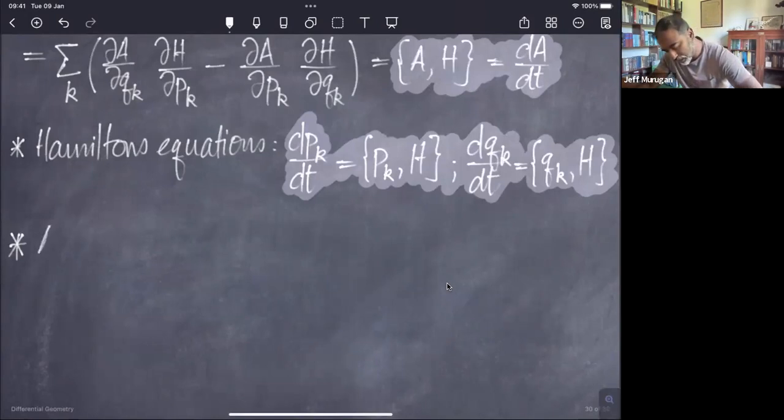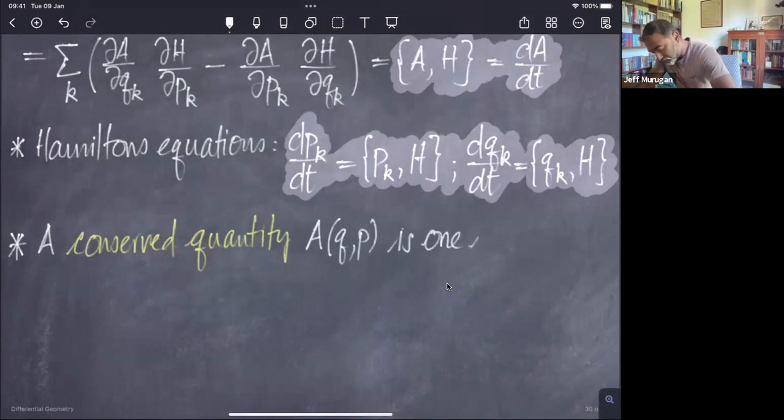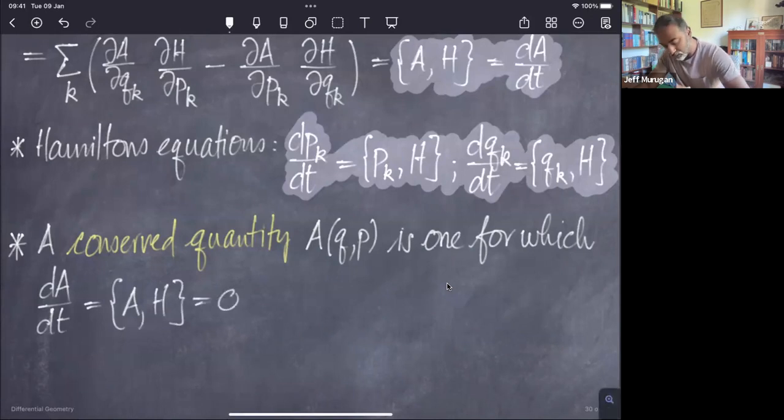So let me write this down. A conserved quantity, let's say A(q, p), is one for which dA/dt is the Poisson bracket of A with H, and that's equal to 0.